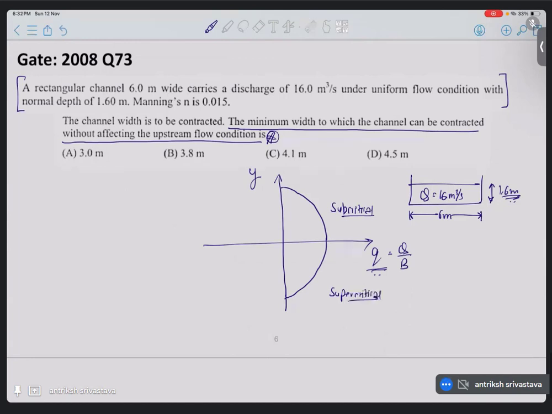So when you have a channel, top view is like this. The flow capital Q is going to be constant in both of these sections, right?